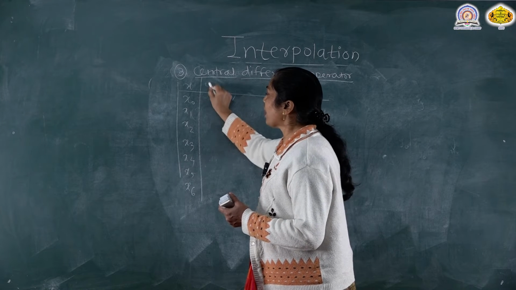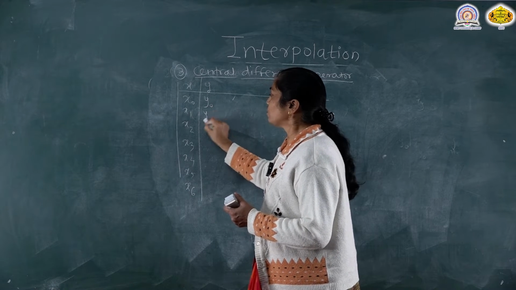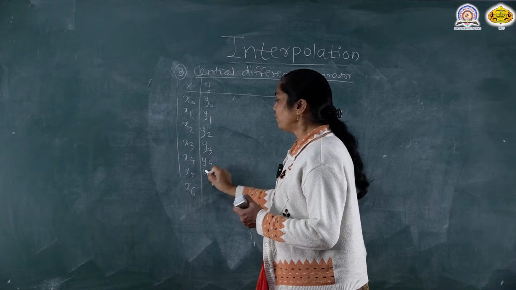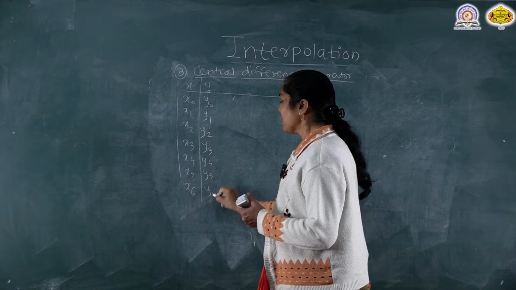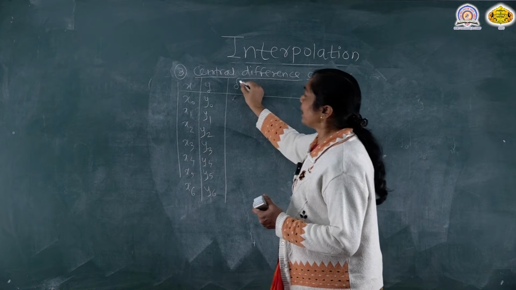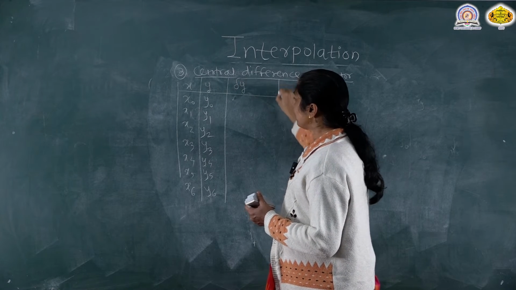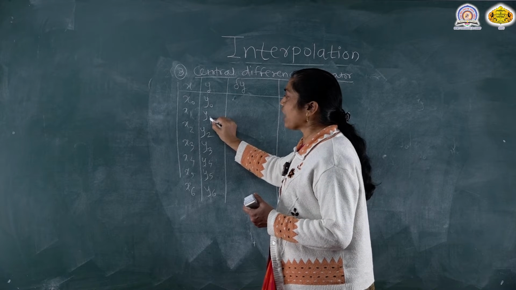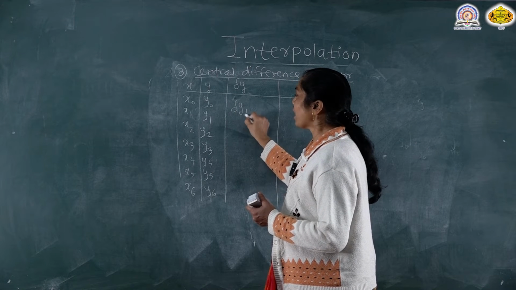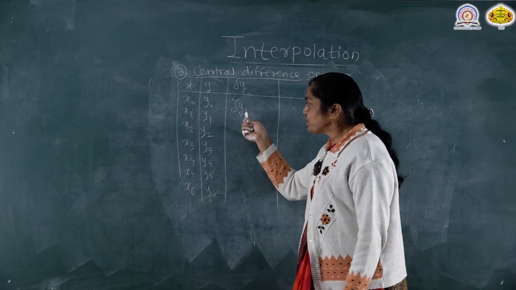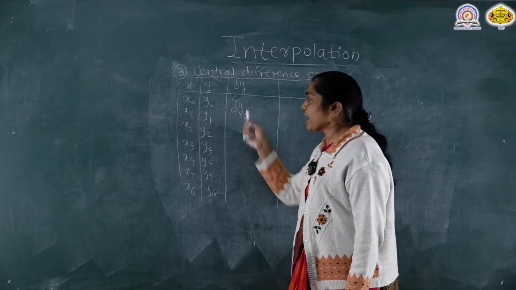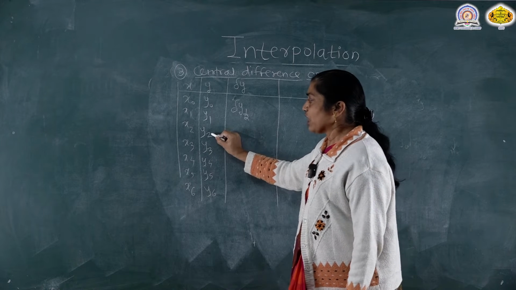The values of y are given to be y0, y1, y2, y3, y4, y5 and y6. Then for the first difference we get delta y, and this is y1 minus y0. So this becomes delta y 1/2. Observe that we are getting y1 minus y0 as delta y 1/2.